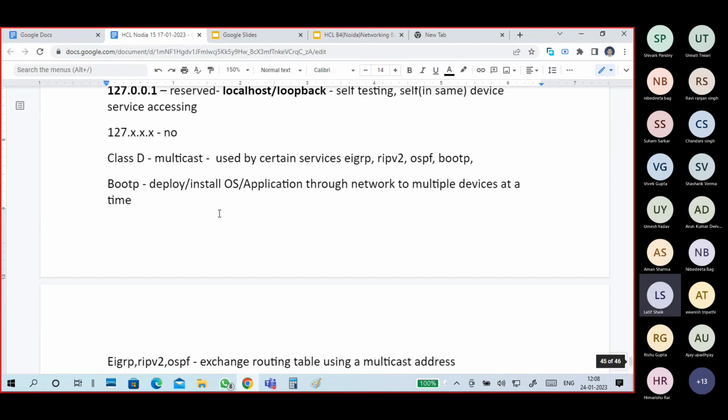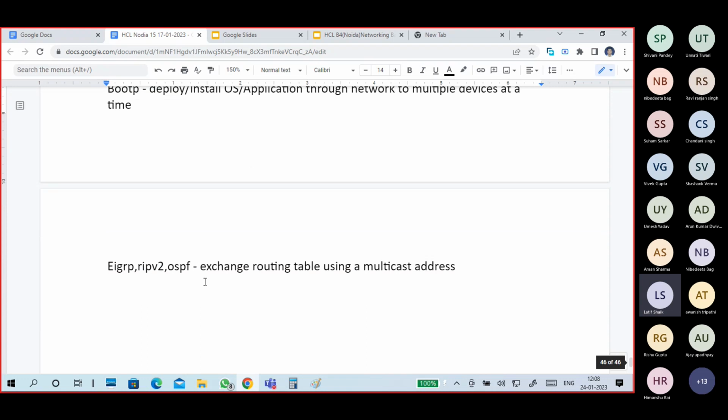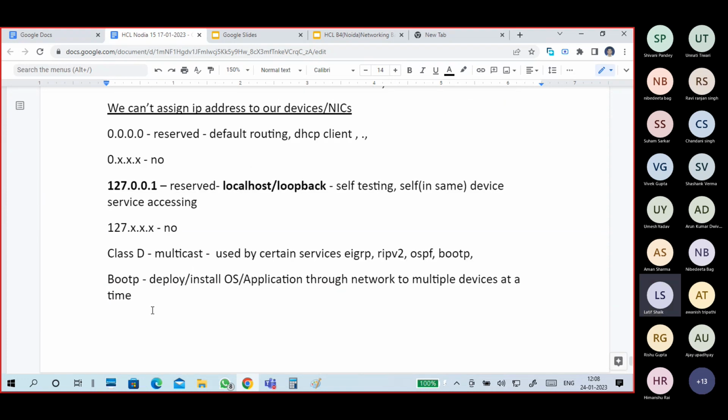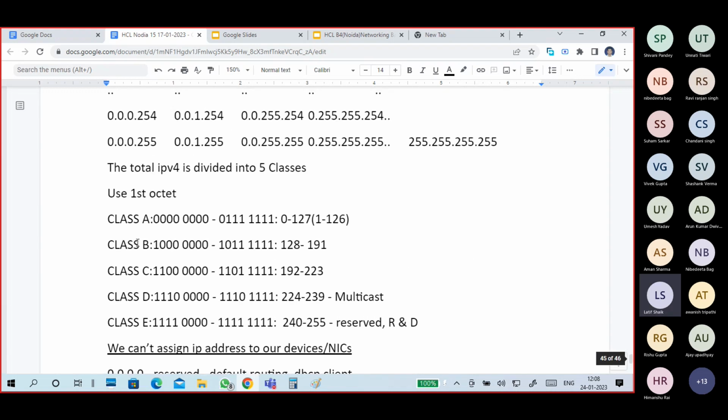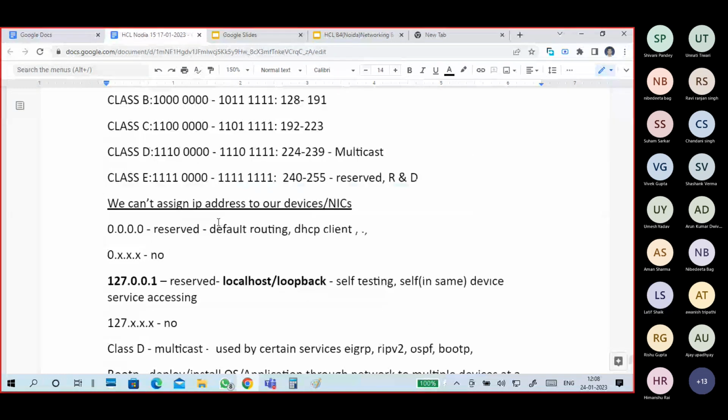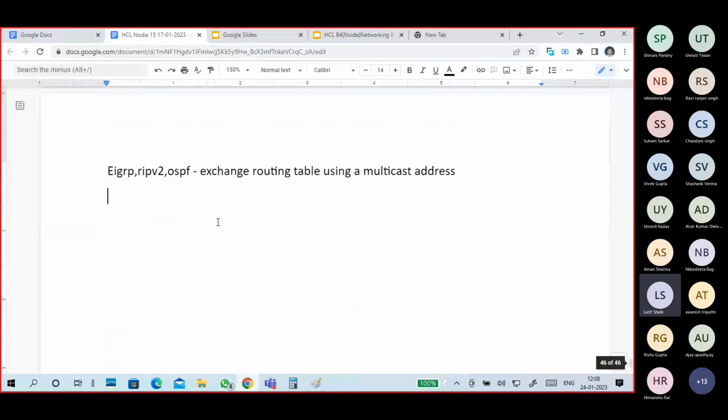Okay, next. In IPv4, what is the localhost address? 127.0.0.1, right?